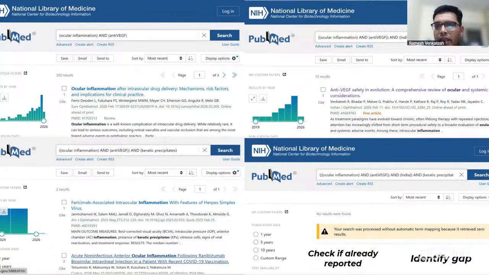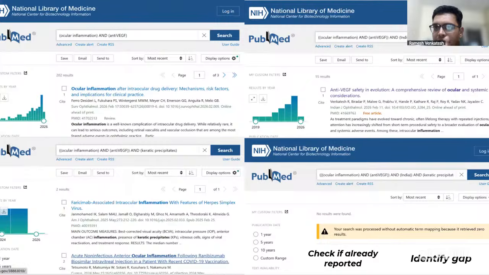And when you look at the number of papers of intraocular inflammation with anti-VEGFs coming out from India and presenting with keratic precipitates, you realize that there are no papers already published with this particular presentation.